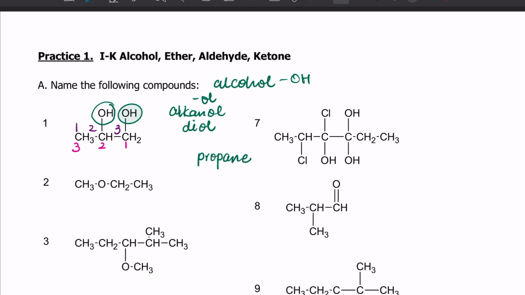And in this case, our numbering is correct, going right to left, because we get the smallest numbers for the two alcohol groups. If we had gone left to right, our alcohol groups would have gotten 2, 3, whereas going from right to left, I'm getting a 1, 2 numbering for my alcohol groups.